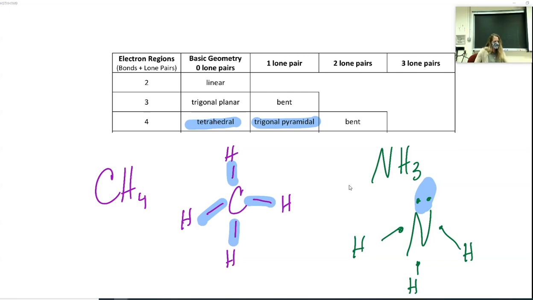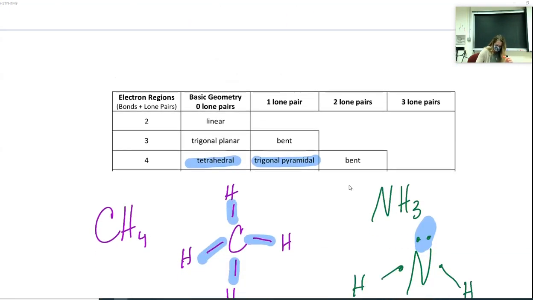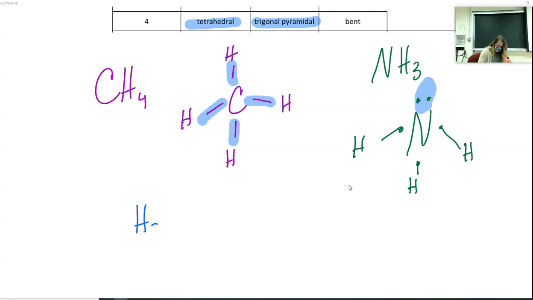Now, this one's my favorite. You guys have all seen this molecule before. Let's say I remove another bond from my original tetrahedral. What does this look like? Every single one of your chemistry teachers has drawn this molecule so far. Did you guys say it? I hope. Water, right? H2O. All right, H2O. I've got my oxygen.